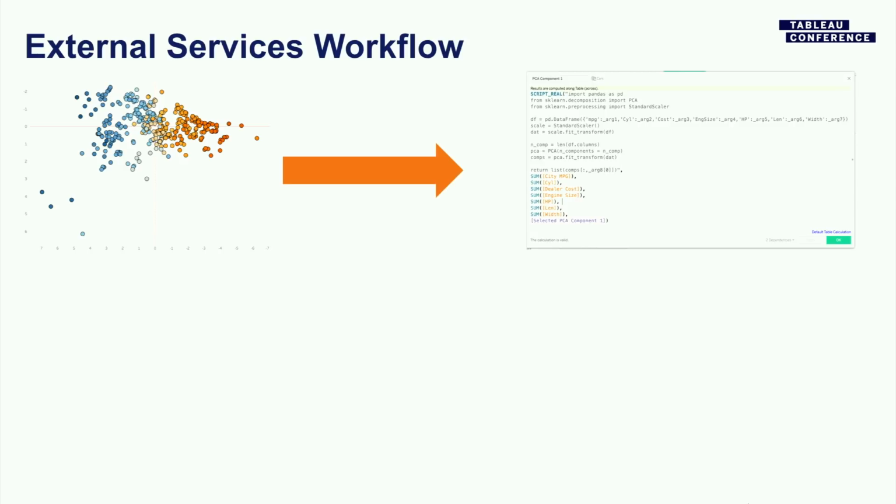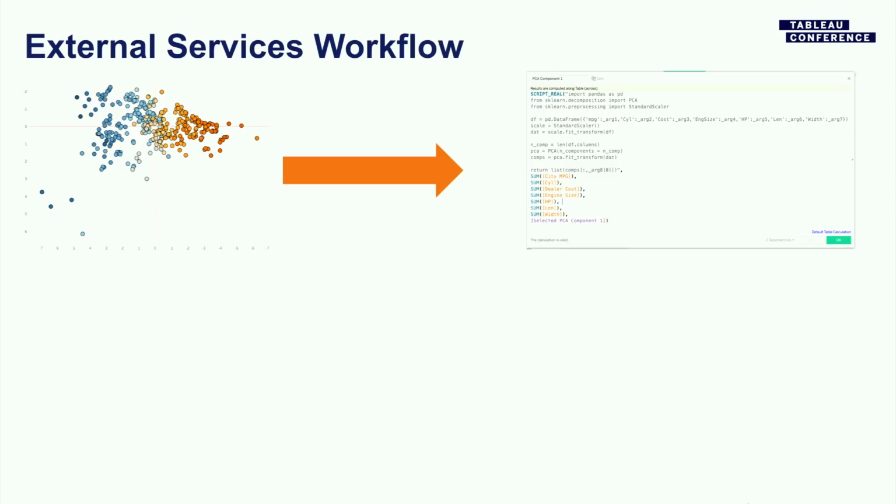So first off, how do the external services work in Tableau? How do we take data from Tableau, pass it to some external analytics engine, and then return the results? Well, it starts with a viz or a data set. And in Tableau, we can create an external service calculation. These are called the script functions in Tableau.